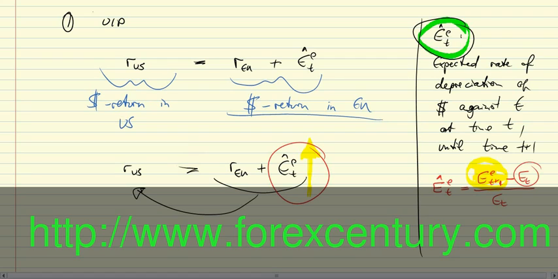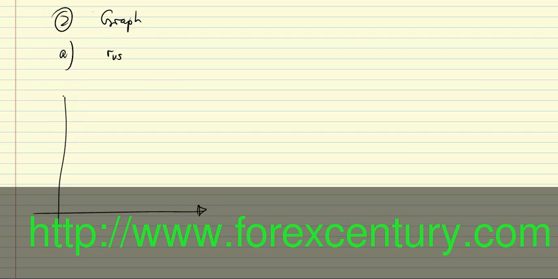So beginning with that, let's again clear the page and do the graph. So one, we have our US on the left hand side. We are going to use this graph ultimately to determine, well, what the exchange rate is today between dollars and euros.